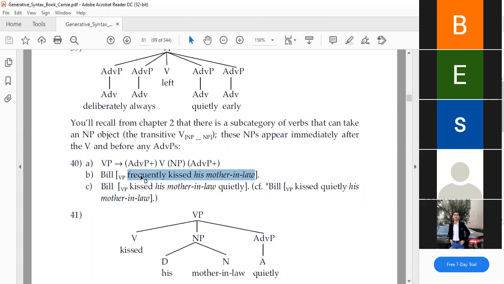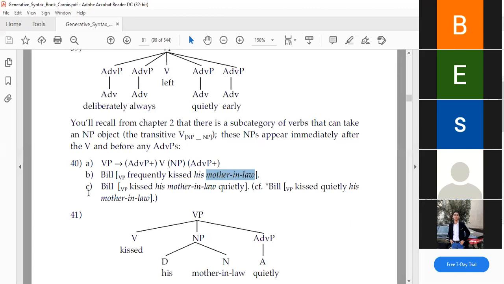So the adverb, then the verb, then the NP. His mother-in-law is one NP, his is the D, and mother-in-law is the N.